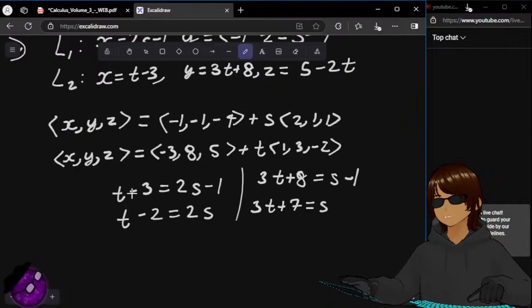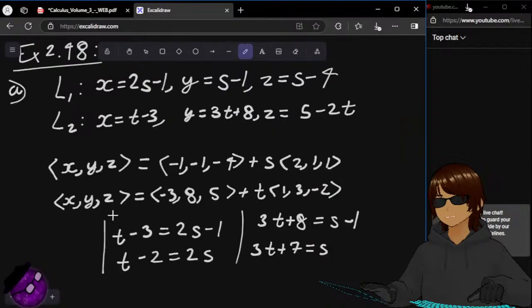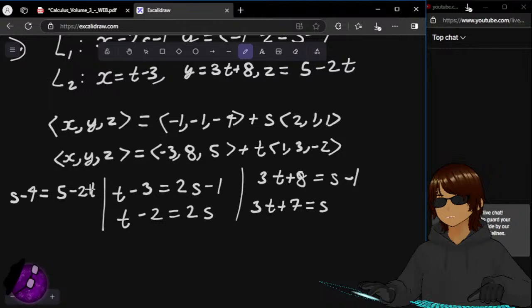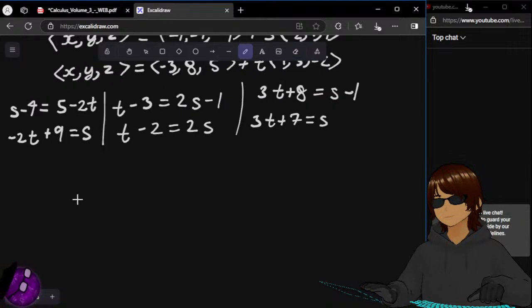Then let's make the z equal as well. s minus 4 is equal to 5 minus 2t, so minus 2t plus 9 is equal to s. It's very easy to make a mistake here.